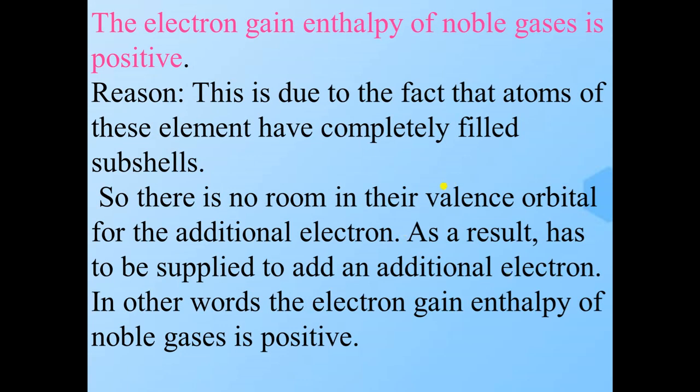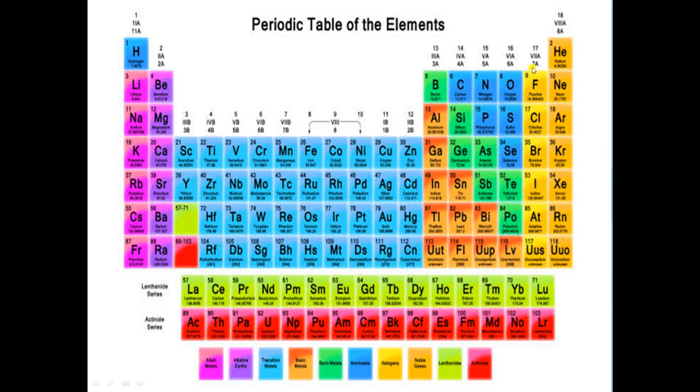Now there is one more question. The electron gain enthalpy of noble gases is positive. The electron gain enthalpy of group 18 elements is positive. Why? So think about it. Because these elements have a stable, fully filled electronic configuration.